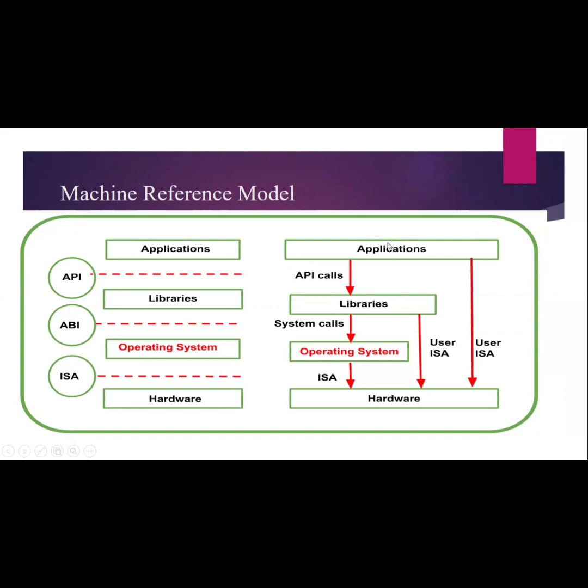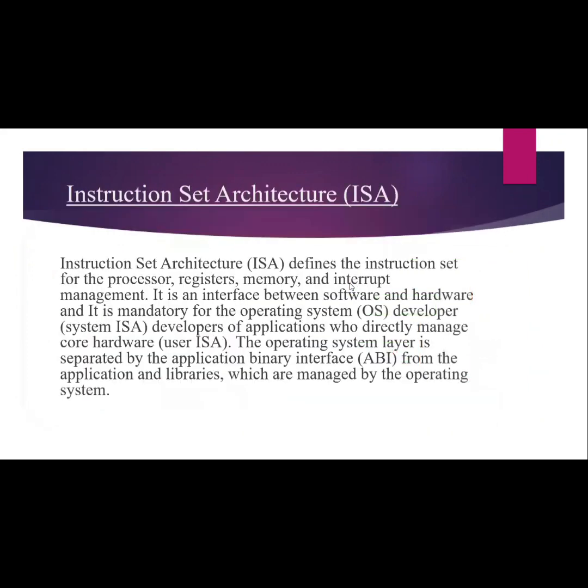And from the application, we have API calls, that is application programming interface. It's the interface between the application and library. The API will generate the API calls, which are directly related to the user who is managing or controlling the application. So that will be directed from the application layer towards the library.